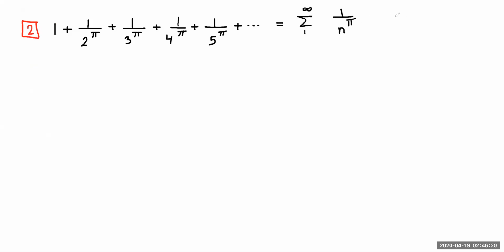Okay, so the number here, p equals pi, which is nearly 3.14, so it's greater than 1, so it converges using the integral test.